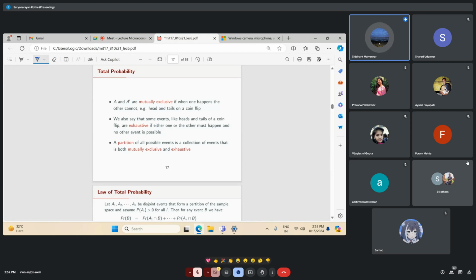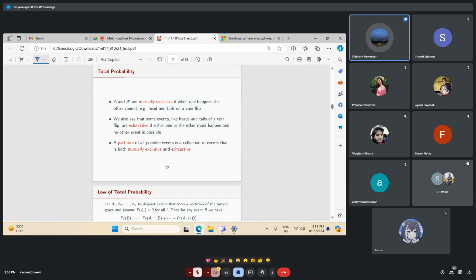A and A dash are mutually exclusive. If A takes place, A dash will not. If A dash takes place, then A will not. If they are mutually exclusive, if one happens, then the other cannot. If head is on the surface, then surely tail will not be.